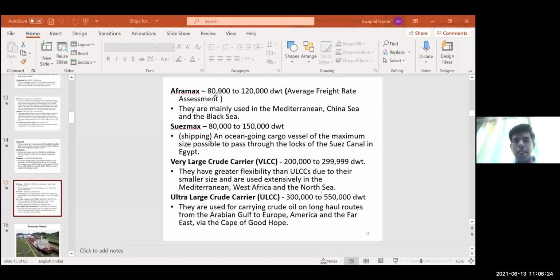Size is typically 80,000 to 1,20,000 deadweight, and it is derived from average freight rate assessment. That is why it is called AFRA. Now, what is this average freight rate assessment?